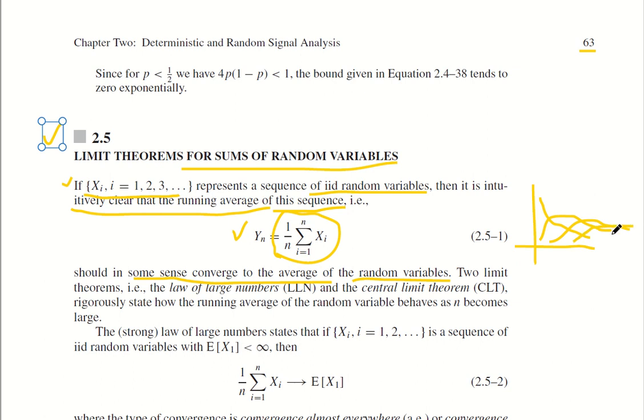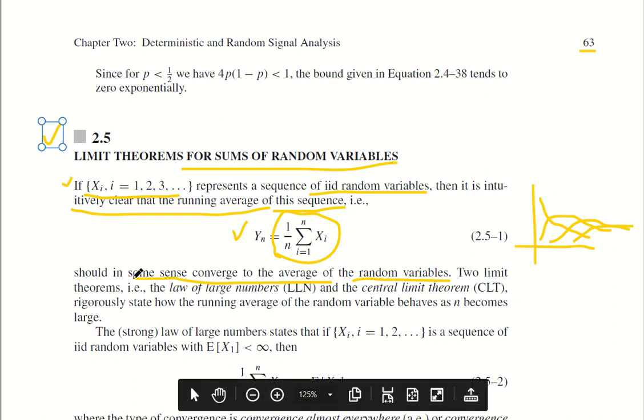This is the density. If you take the average, this is not symmetric. If it's not symmetric, then you sum it up, you take the average. Would you expect that it goes to the average of the random variable? Of course not, because it's not symmetric. So we say in some sense.